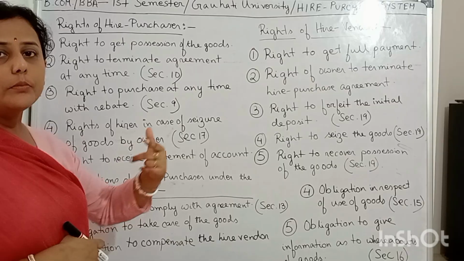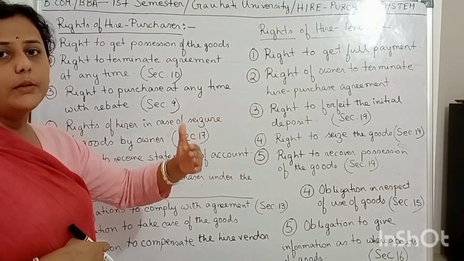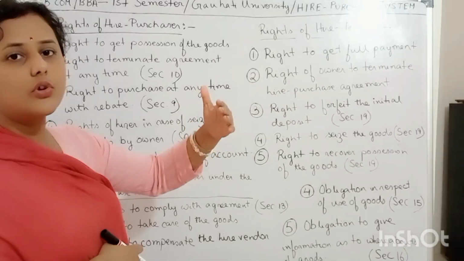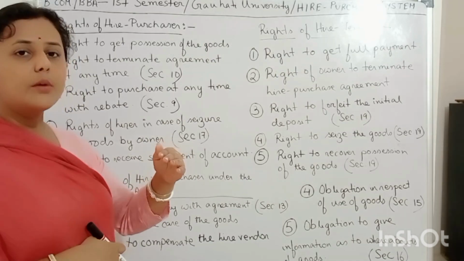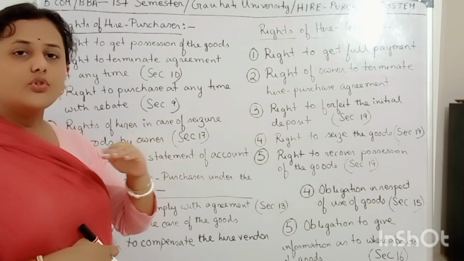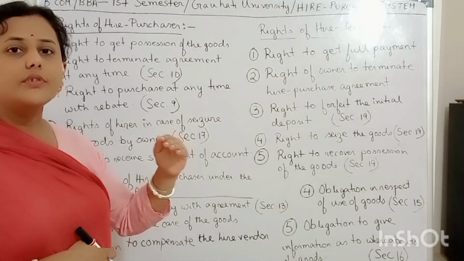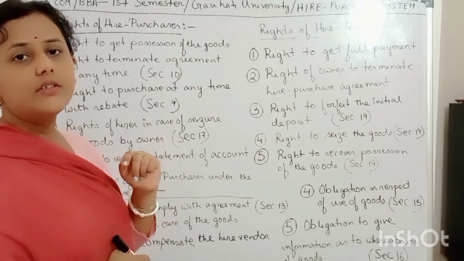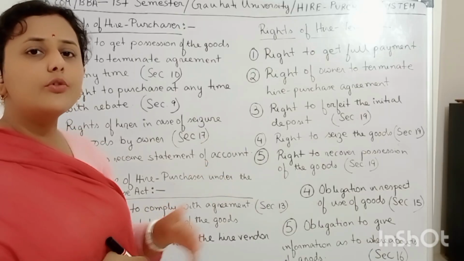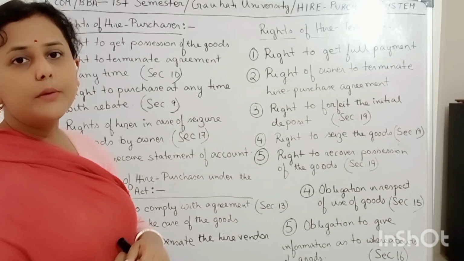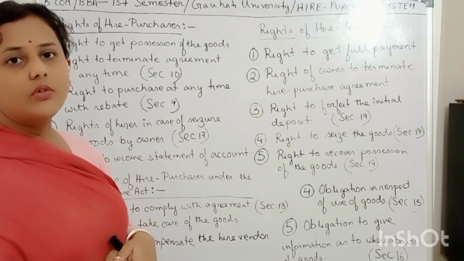The installments are paid on a yearly, half yearly, quarterly or monthly basis. So suppose in the first year installments are paid, in the second year installments are paid, and after the payment of the second installment, after 6 months, the hire purchaser wants to purchase the asset by paying the full hire purchase price immediately.